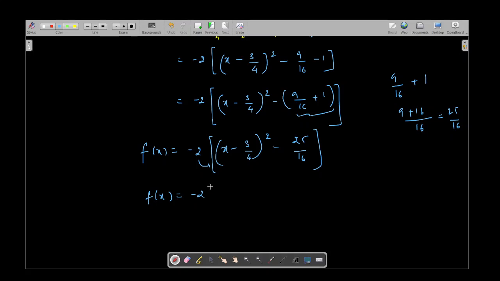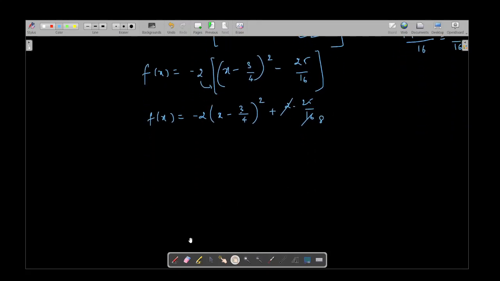So -2 times (x minus 3 by 4) whole square, minus into minus is plus, 2 into 25 by 16, so 25 by 8. Finally we have the equation f(x) is equal to -2 into (x minus 3 by 4) whole square plus 25 by 8.